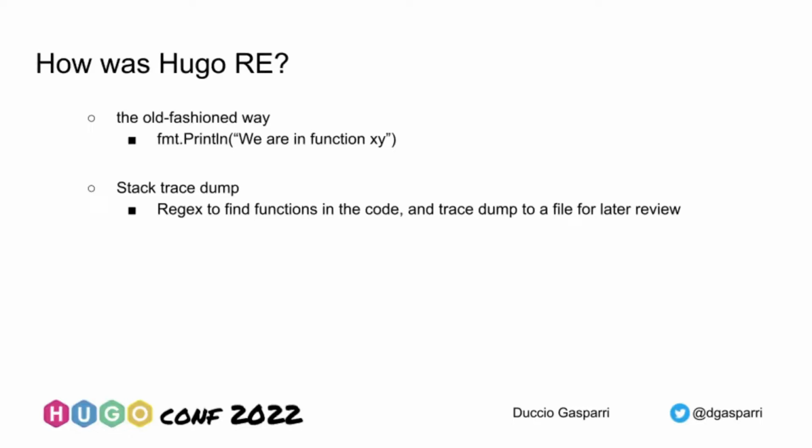But then I understood that the code is too big. Hugo's code library is definitely too big for that. So I had to revert to a more systematic way, and I started dumping stack traces, and I did a lot of work with regular expressions. I found all the functions inside the code, and I started to dump the trace to a file for later review.